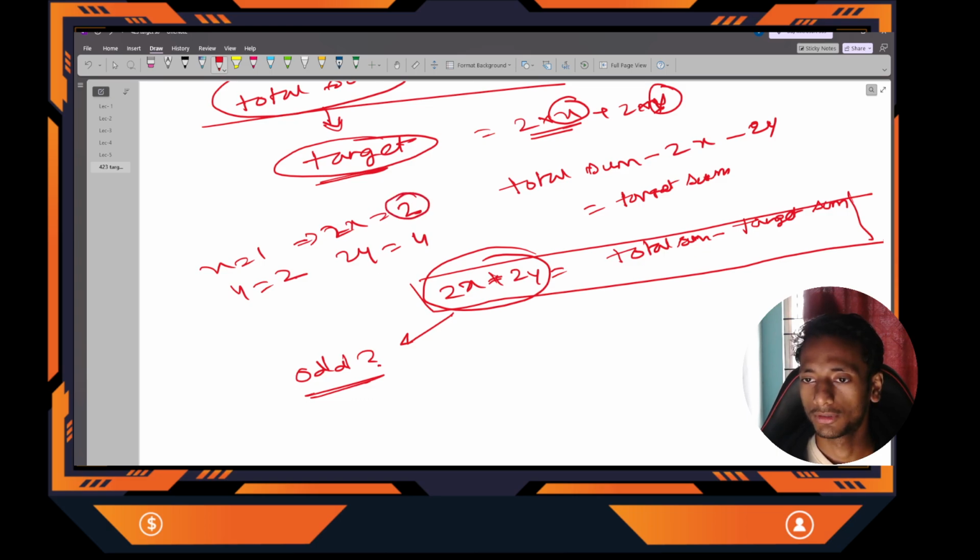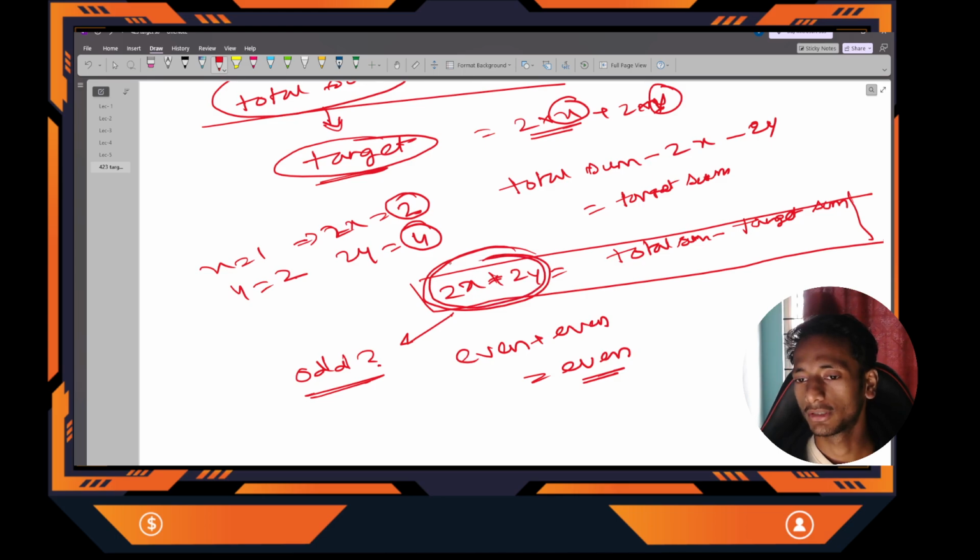So 2 is even, 4 is also even, and even plus even is also even. So the left-hand side will always be an even number, because 2 into an odd number, here x equal to 1, is converted to an even number. Again, 2 into any even number is also even. And even plus even is even. So there is no possibility of any odd number on the left side.